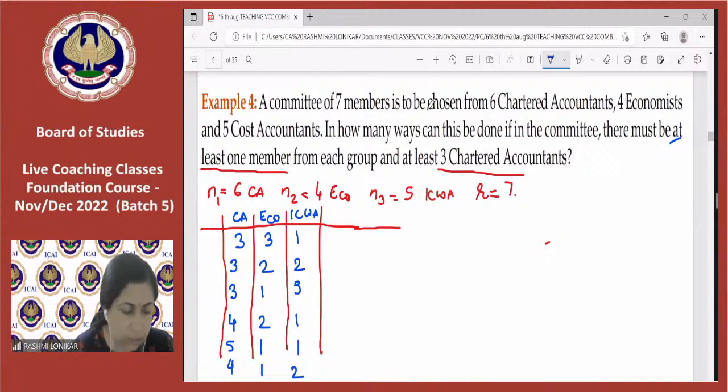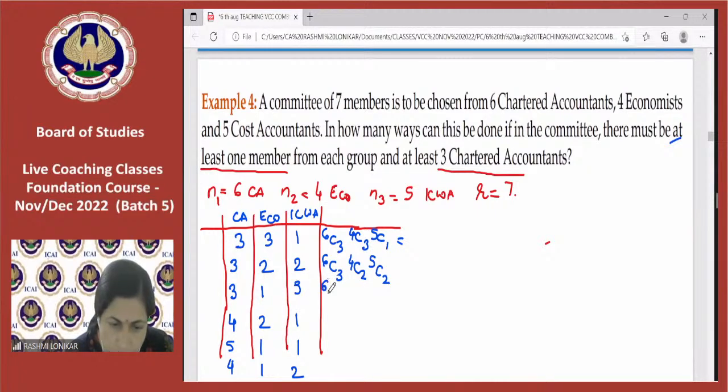Yes. So let us see how much this is. How many CAs are there? 6. So 6C3 into, how many economists? 4C3 into, how many? 5C1. Okay. Then here it will be 6C3 into 4C2 into 5C2. Here it will be 6C3, 4C1, 5C3.